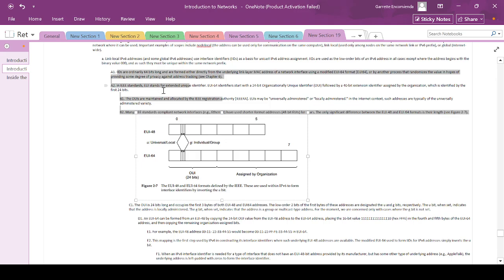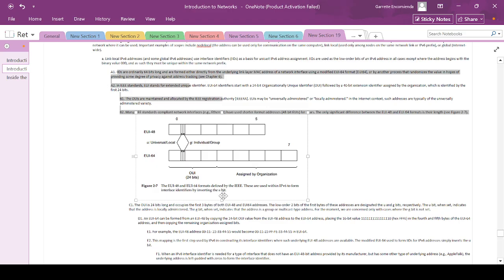EUI stands for Extended Unique Identifier. An EUI-64 identifier starts with a 24-bit organizationally unique identifier, followed by a 40-bit extension identifier assigned by the organization, which is identified by the first 24 bits.